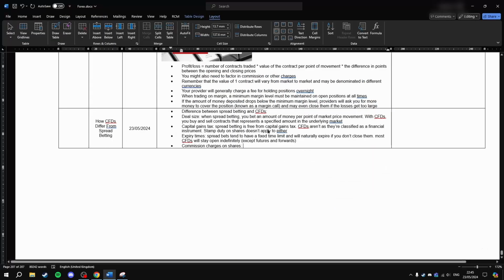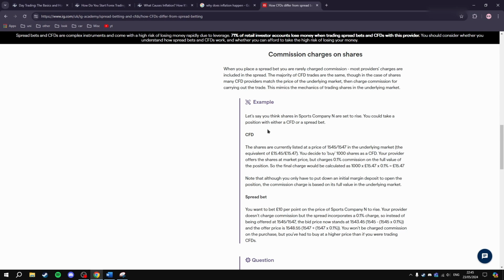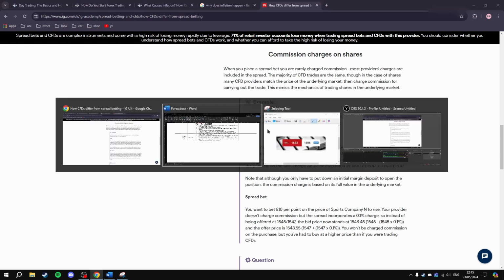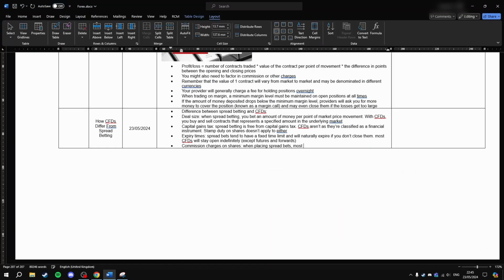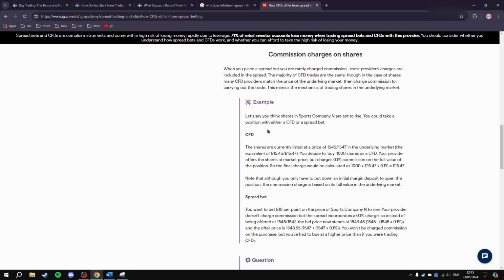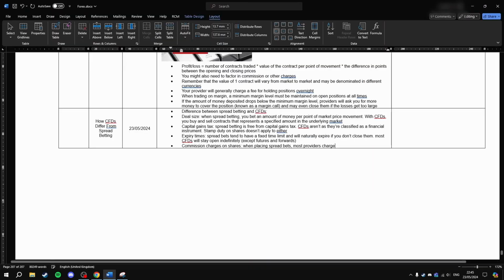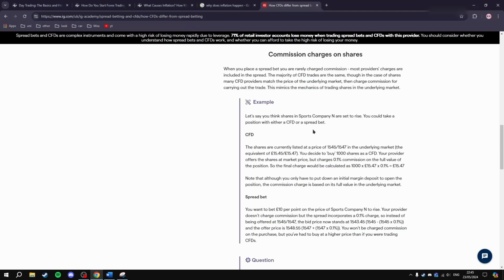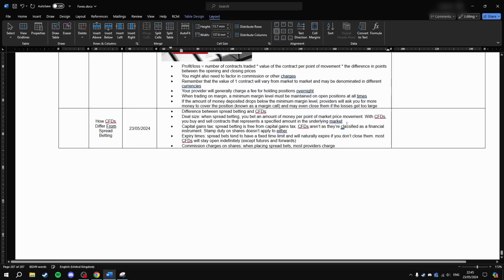So, when placing spread bets, most providers' charges are included in the spread.